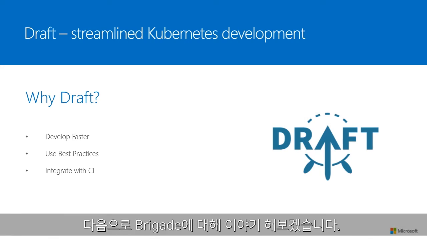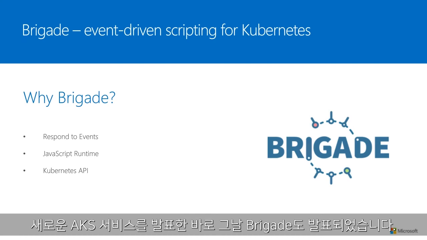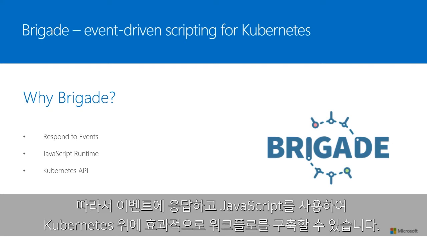The next thing I want to talk about is Brigade. Brigade is something that we just announced, the same day as we announced the new AKS service. This is pretty interesting technology. It provides an event-based scripting language on top of Kubernetes. So you can respond to events and effectively build workflows on top of Kubernetes using JavaScript.